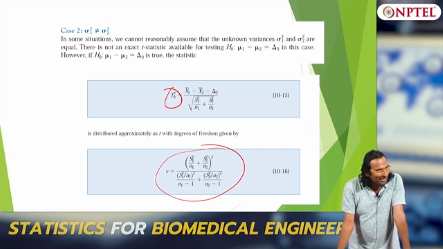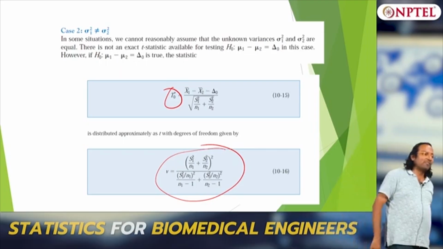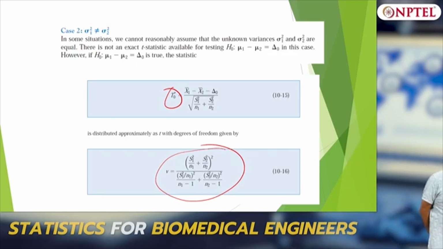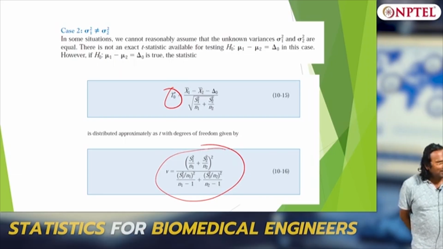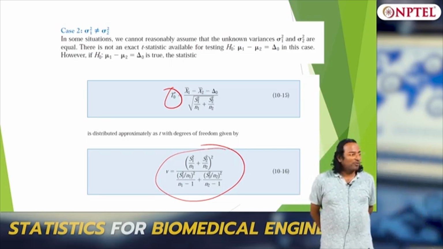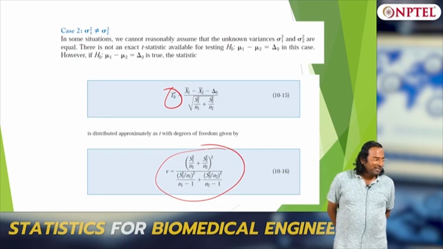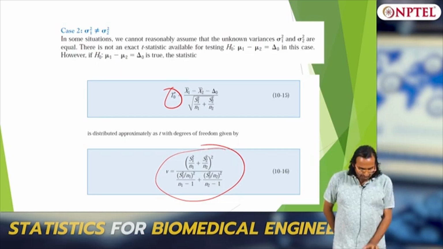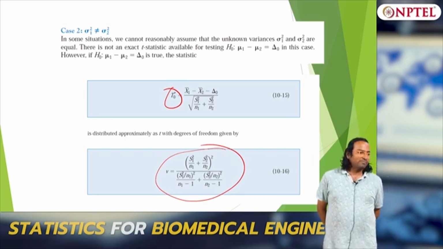You understand? In the earlier case it was easy: the degrees of freedom is N1 plus N2 minus 2, because both populations have the same variance. In this case both populations have different variances and that has to be accounted for while calculating the degrees of freedom, and that is why it comes up with a complicated formula.